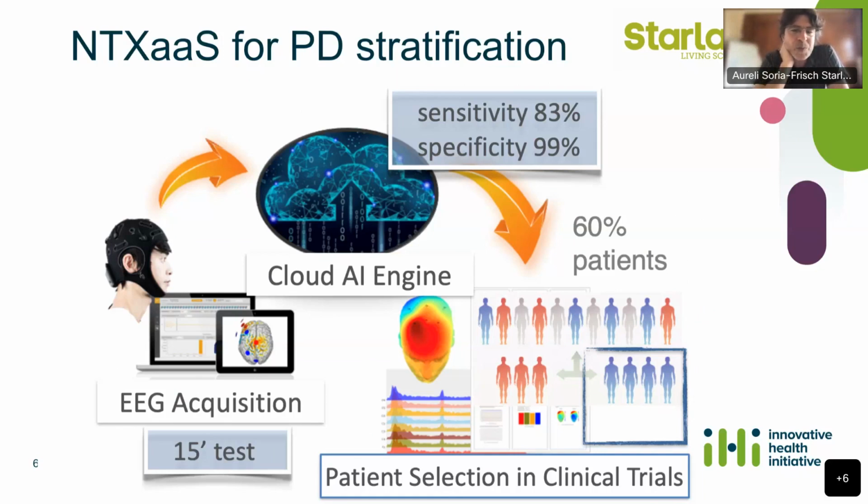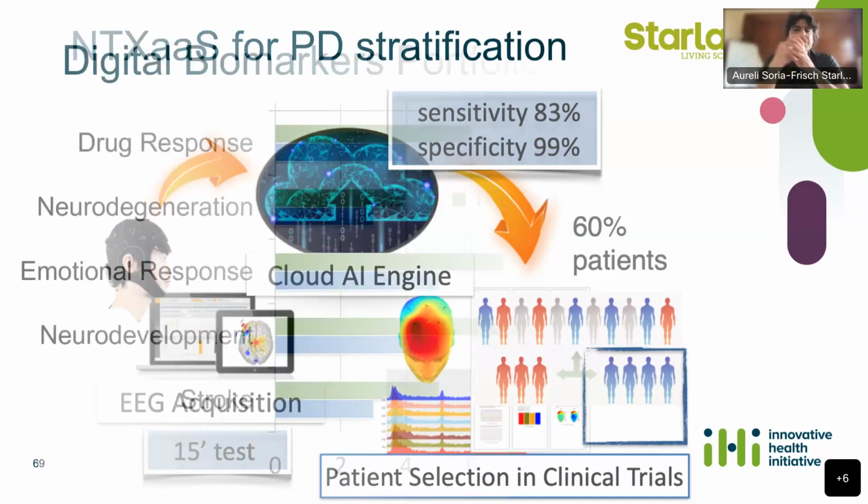So what we propose is an EEG acquisition that takes 15 minutes and uploads the data to our cloud AI engine, which stratifies your patients, selecting the 60% of patients who are at the early stage of the neurodegenerative disease. We expect this to be successfully used for patient selection in clinical trials, not only of Parkinson's disease, but of other diseases. Next slide, please.